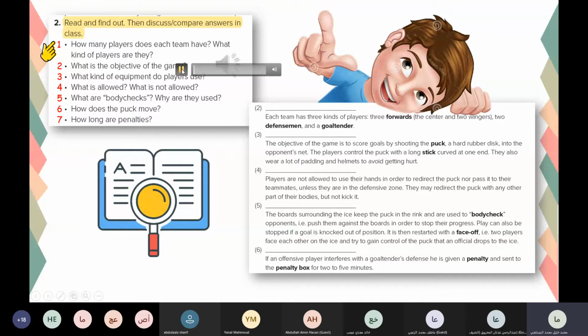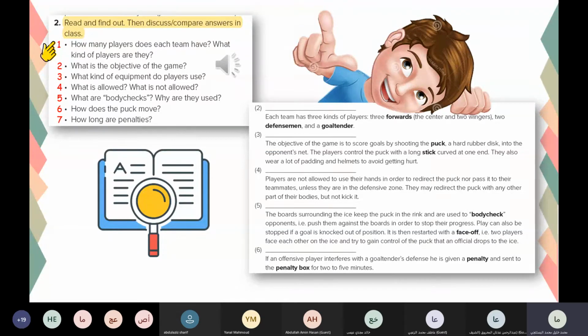2. Each team has 3 kinds of players. 3 forwards, the center and 2 wingers, 2 defensemen, and a goaltender. 3. The objective of the game is to score goals by shooting the puck, a hard rubber disc, into the opponent's net.